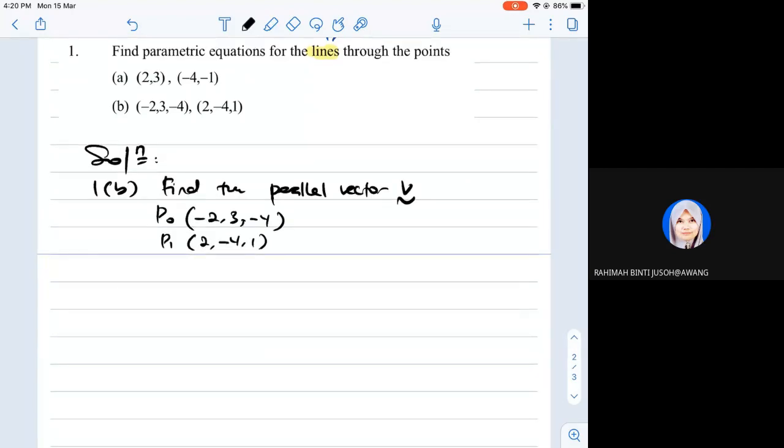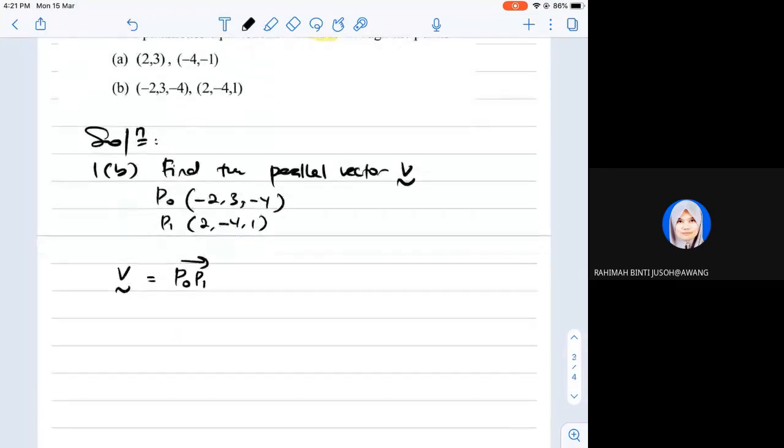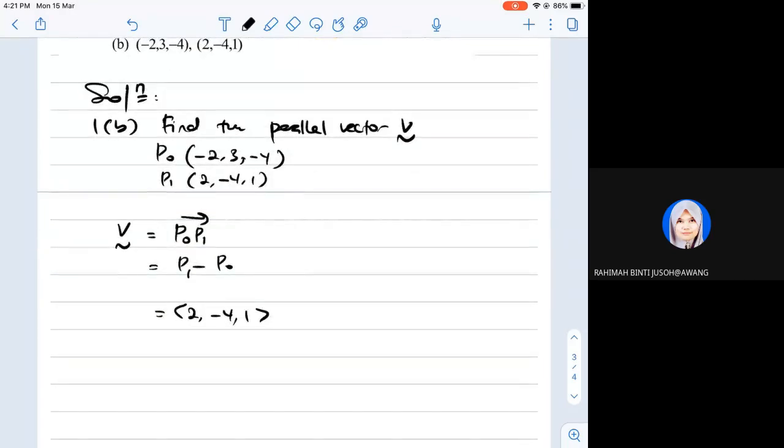In order to find the parallel vector, we move from P0 until P1 like this. So the vector for P1 minus the vector for P0. P1 is 2, -4 and 1, saya buat dalam bentuk vektor sekarang ni, minus the vector for P0, which is -2, 3 and -4.